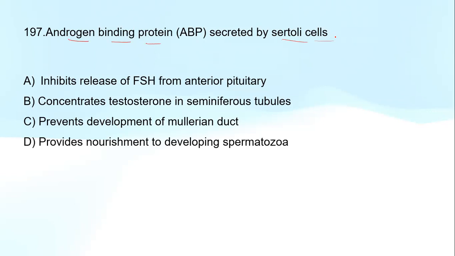If you see the hormone regulation in spermatogenesis, we come across this ABP, which is secreted by the Sertoli cells. What they do is they go and bind to the interstitial cells and make them release testosterone. So it helps in testosterone concentration in the seminiferous tubules.